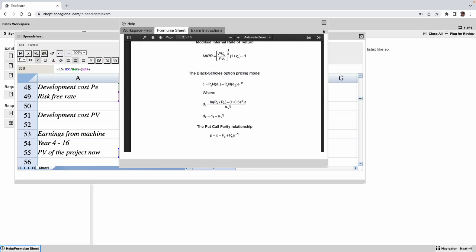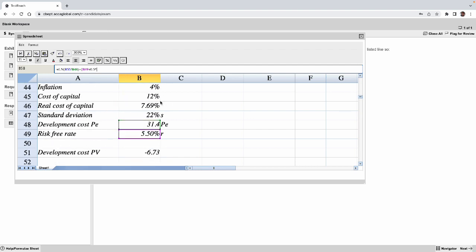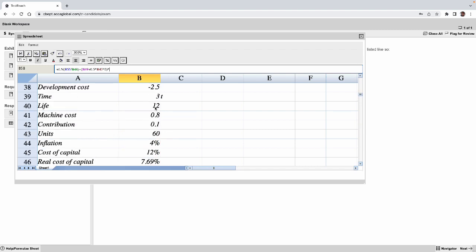Plus 0.5 s to the power of 2, so plus 0.5 times, can, times 3.